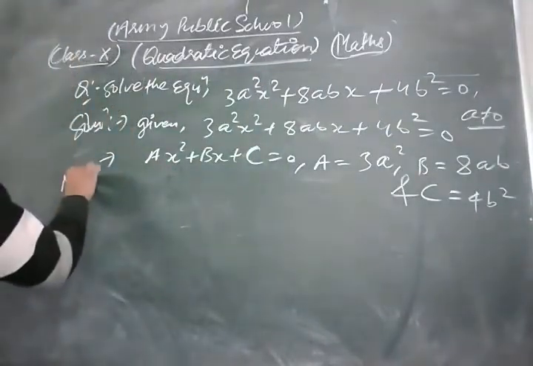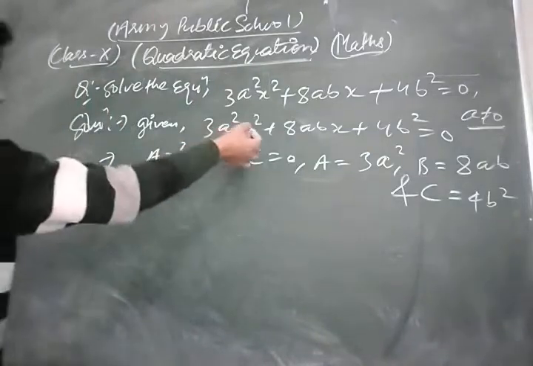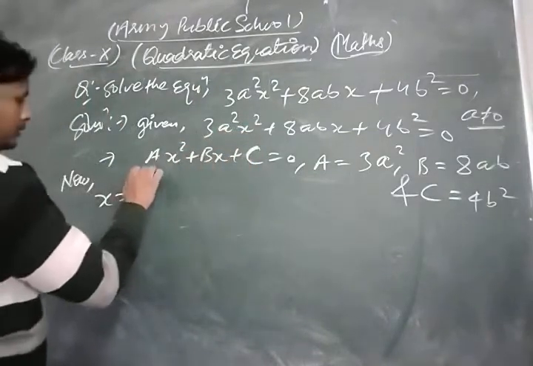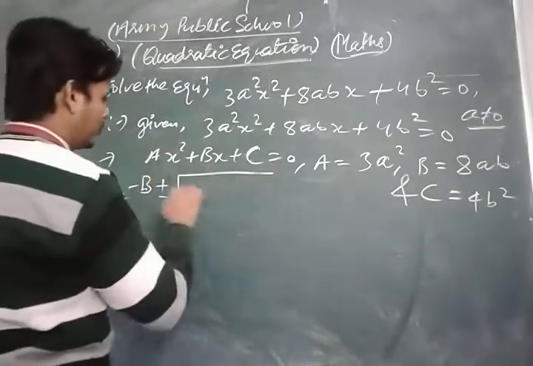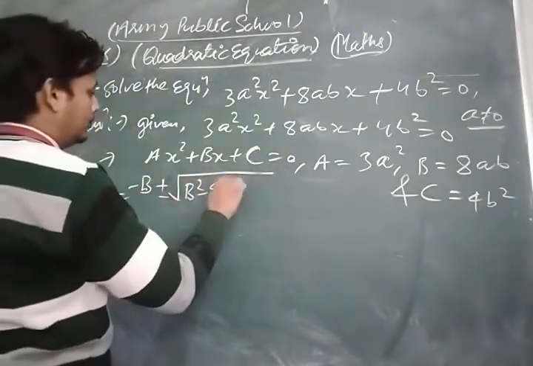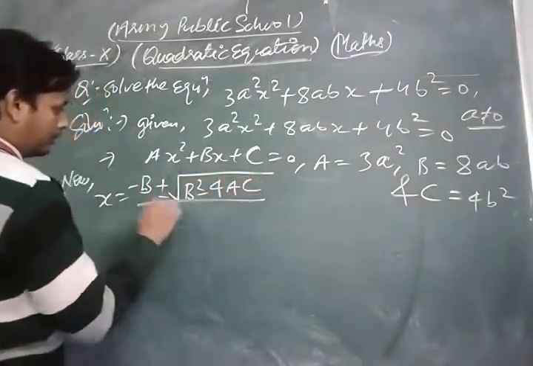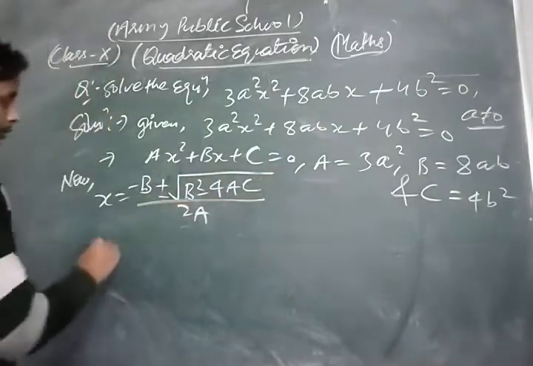Now solving for x: x is equal to minus B plus minus the square root of B square minus 4AC, upon 2A. Now we put the values.